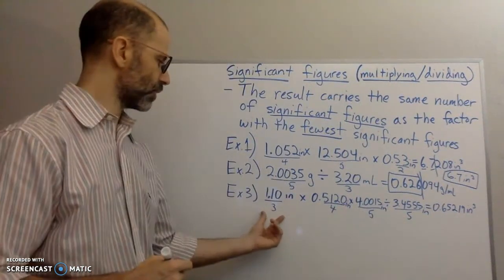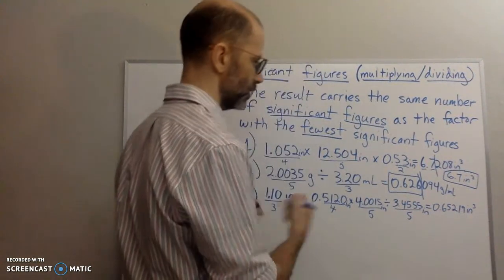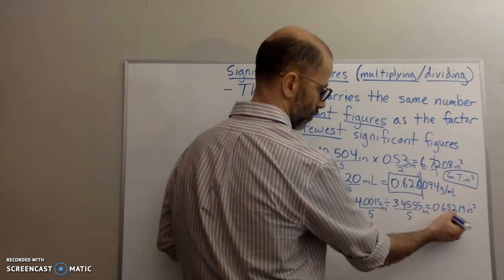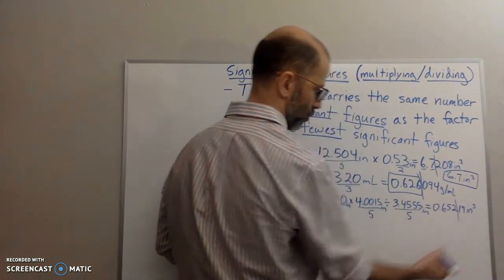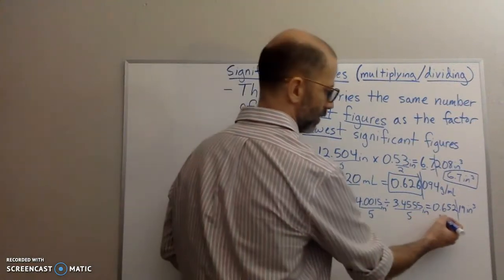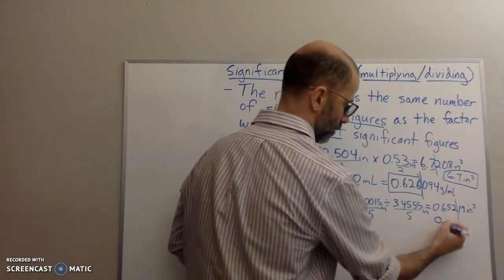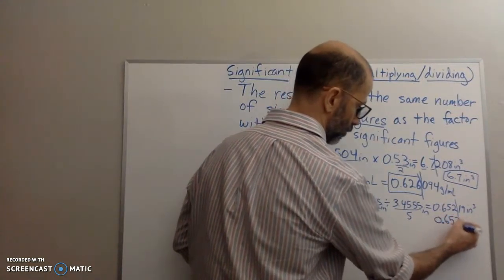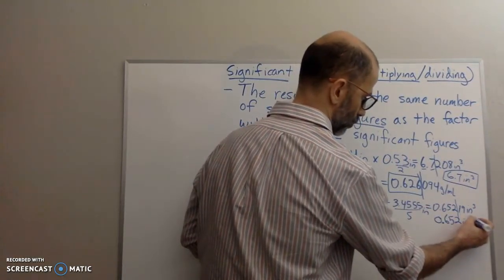The least number is 3, so our answer can only have 3 sig figs. So again, this 0 is not significant. So there's 1 significant, 2, and 3, so we cut it off at the 2. And I would report 1.652 inches cubed.